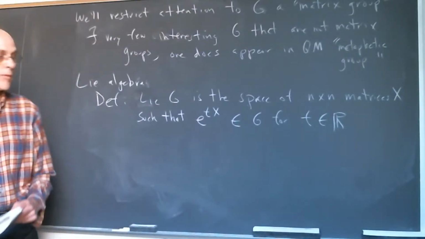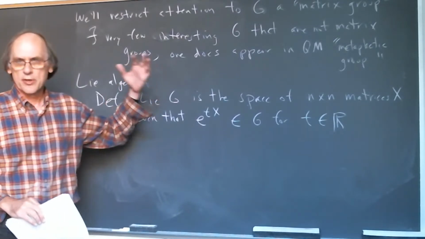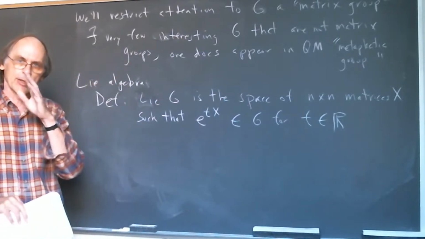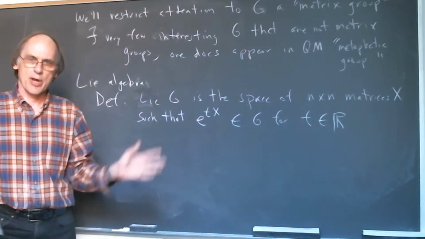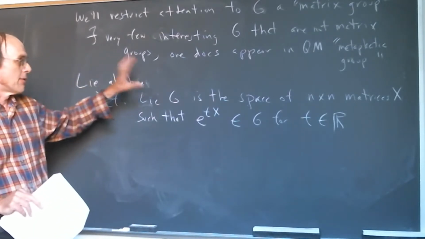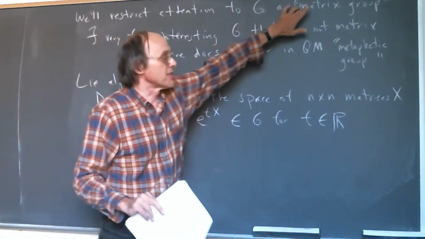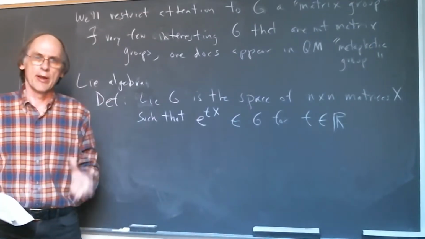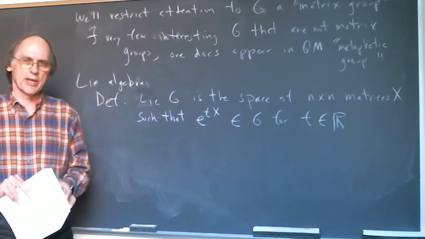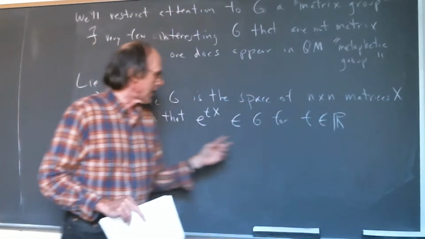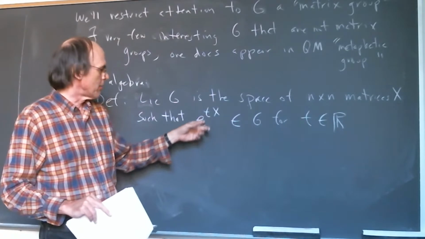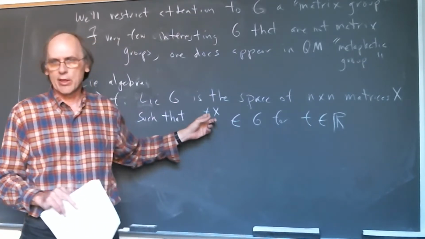Now all of a sudden, instead of thinking of the Lie algebra as this tangent space, this abstract geometrical gadget, I'm going to say our groups are something much more specific. They're groups of n by n matrices, and once we've got n by n matrices, in some sense the Lie algebra is kind of the log.